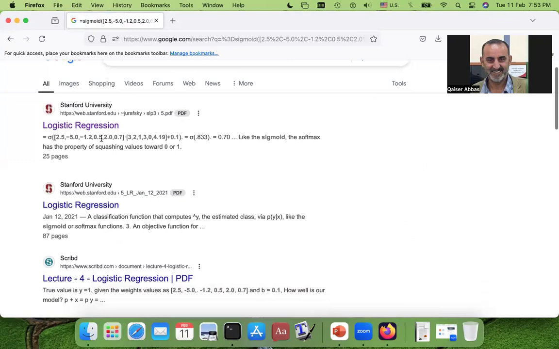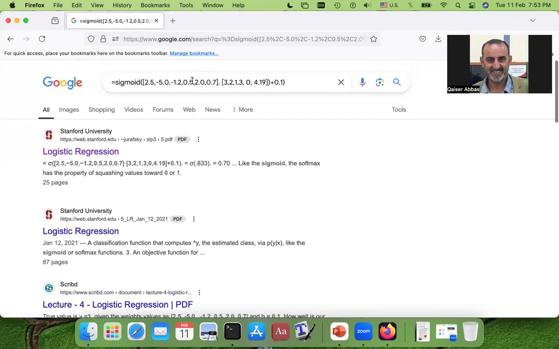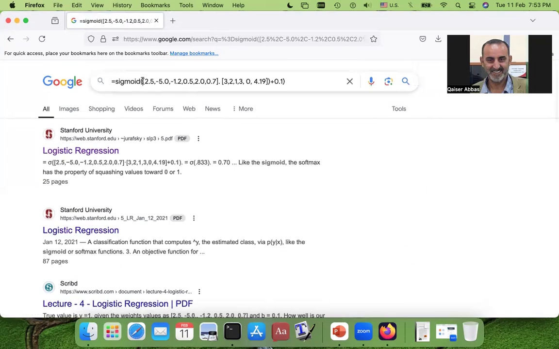Here it is giving some values from the book. It is something like that. Okay, that is 0.70, but let's see something different.